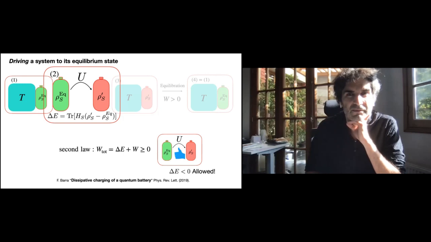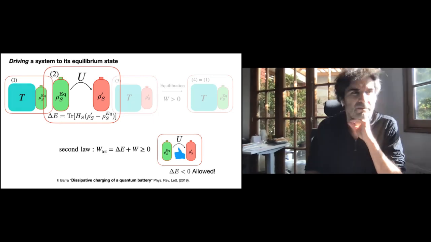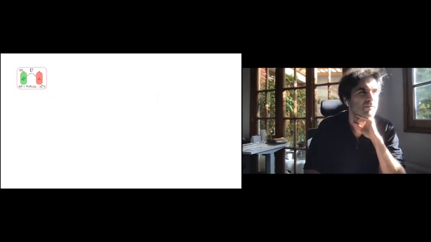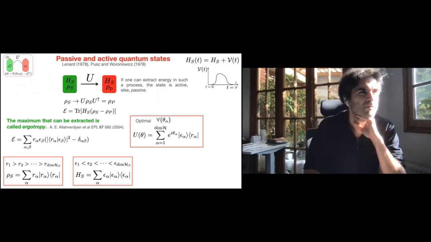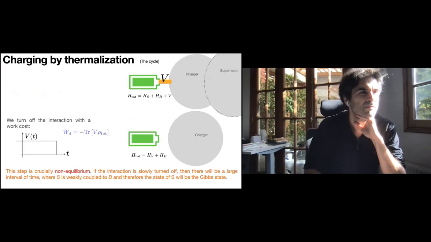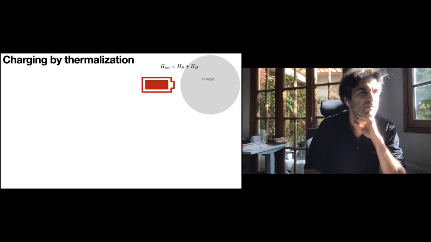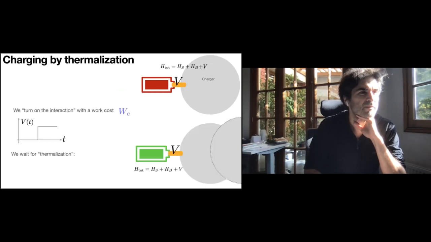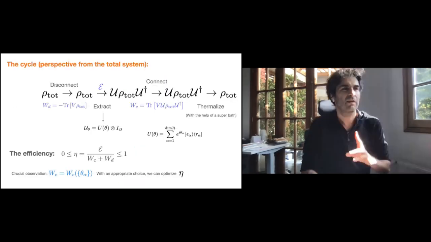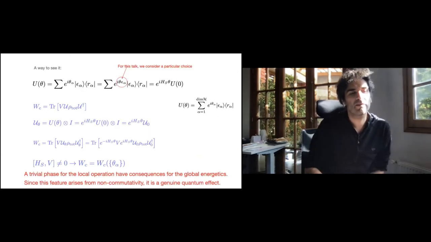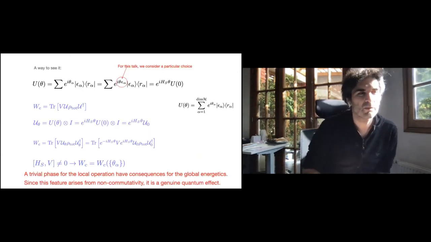In the specific case of the spin chain, how does the efficiency, or the maximal efficiency, grow with the number of spins? Well, we know little about that.